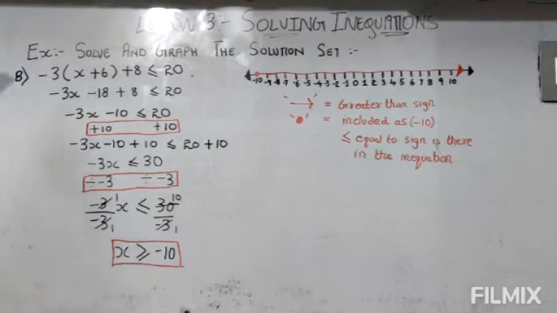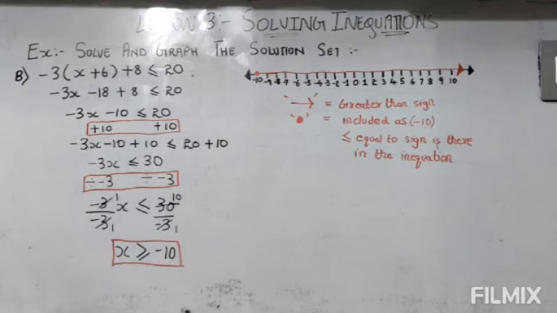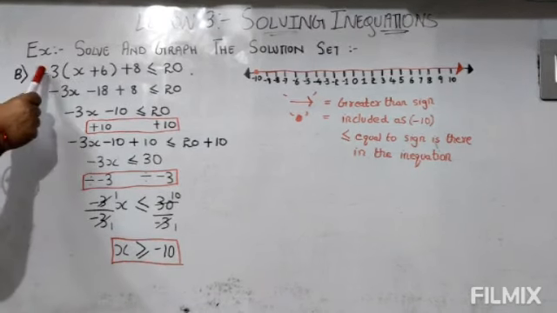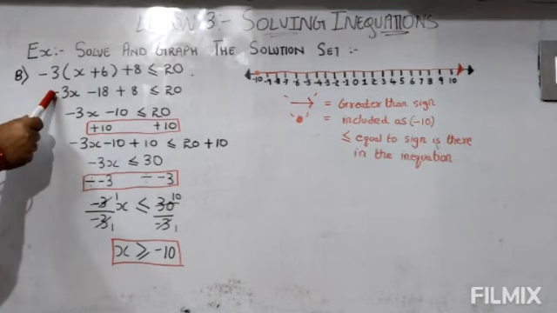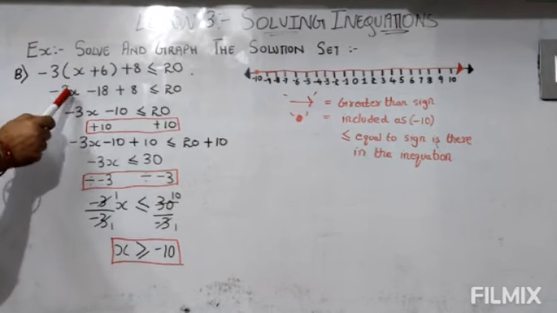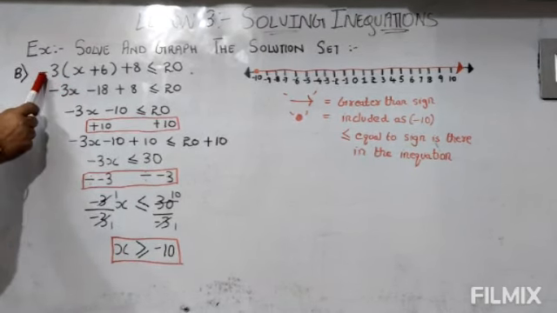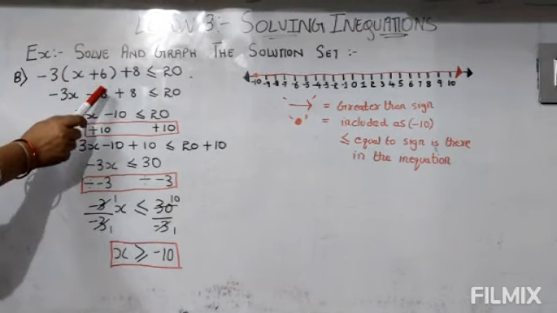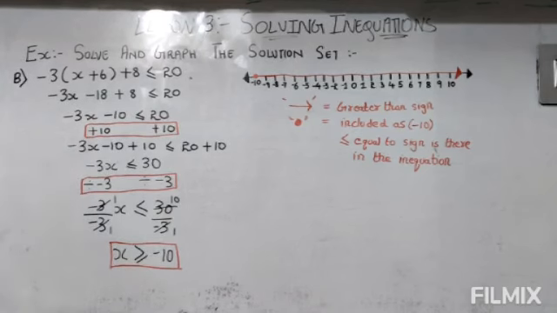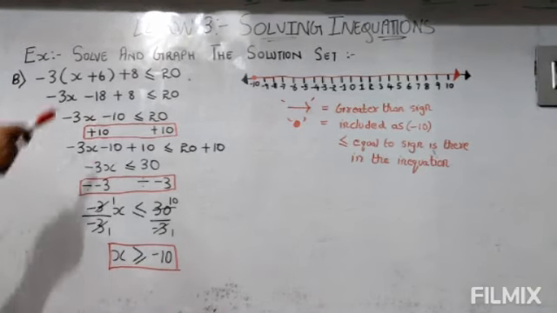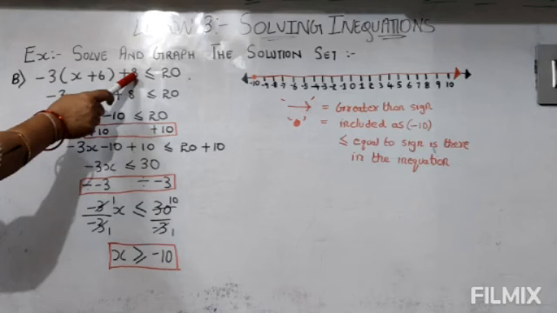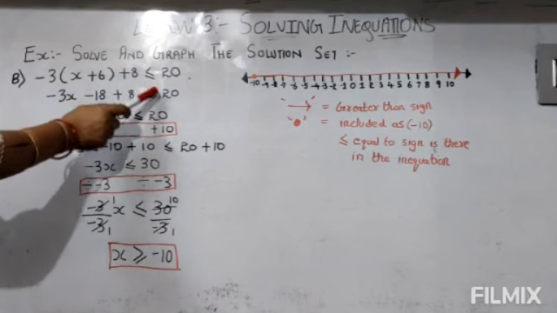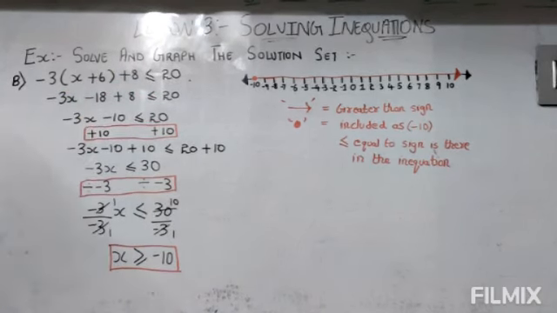I keep repeating while I am explaining. Minus into plus, minus 3 into x, 3x; minus into plus, minus 3 sixes are 18. Now the bracket is removed. Plus 8, bring it as it is, less than or equal to 20.